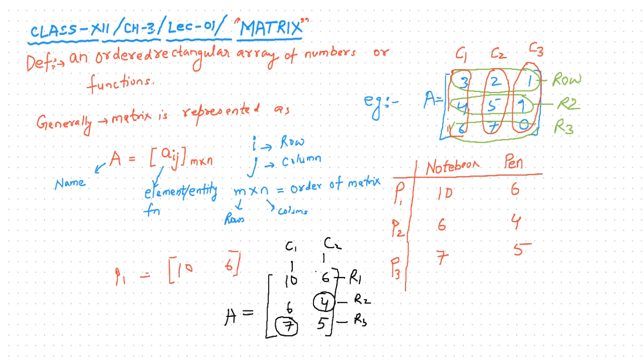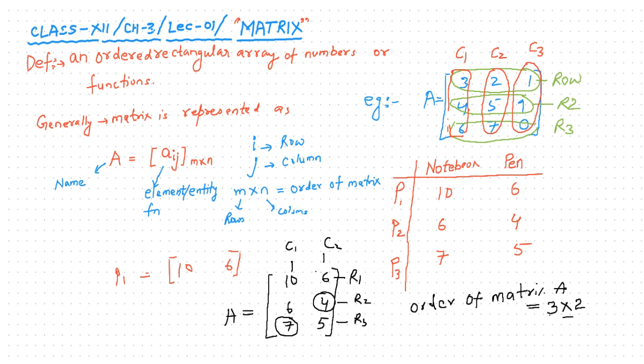So if I say the order of matrix A, it is equal to the number of rows, that is 3, into the number of columns, that is 2.